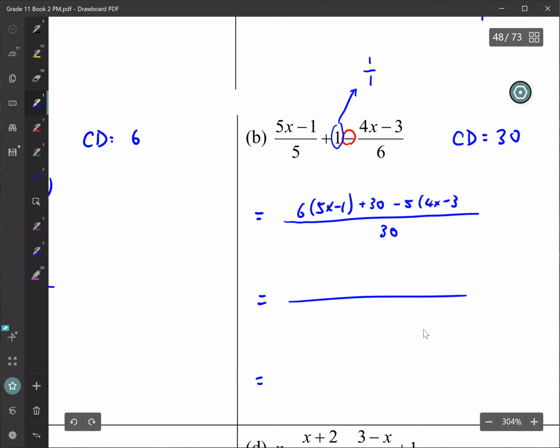Yeah, very good. Okay, the 30 is because it's the 1 over 1, so the denominator needs to times 30, so the numerator also just times 30. Okay, and Harry, what's your final answer for this?